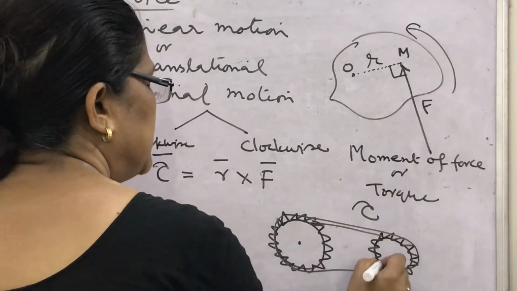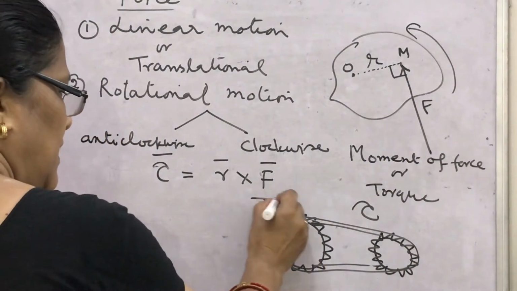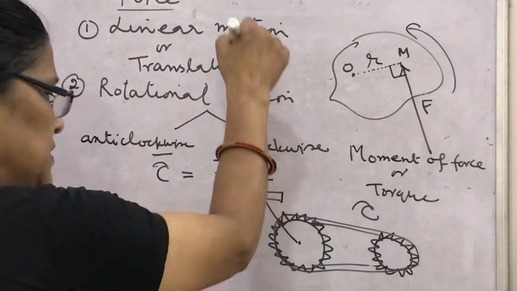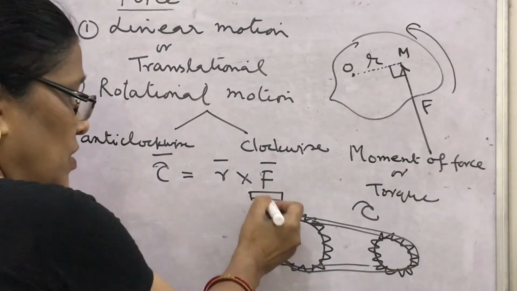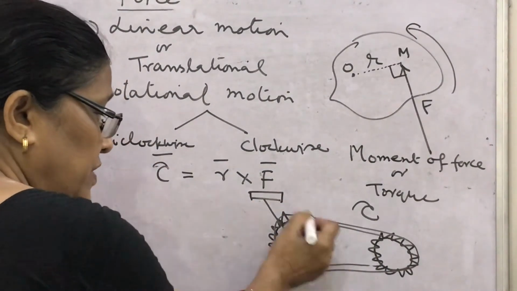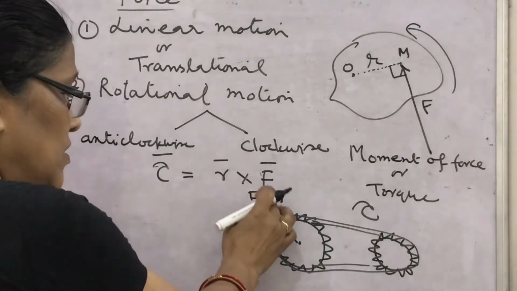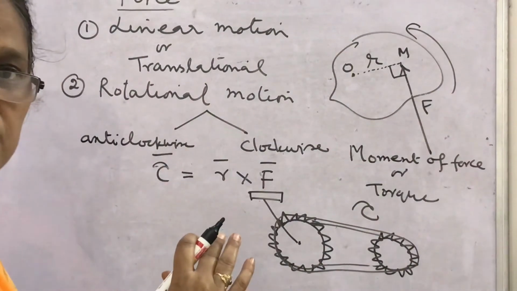You must have seen this one. The pedal is here. What happens when the force is applied at the pedal? You know, the wheel size is bigger, so lesser force is needed. This R is more for the bigger size of wheel.